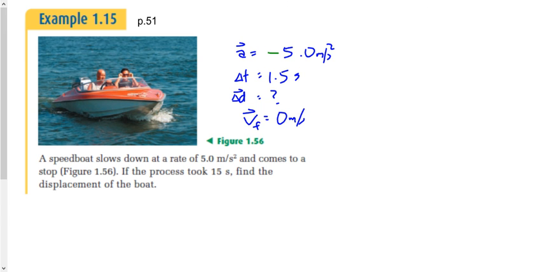Okay, A, T, D, and V. I think I want to try this one. VI is 0, so I'm going to cross that off. VI is 0. 0 times 1.5 seconds gives me 0.